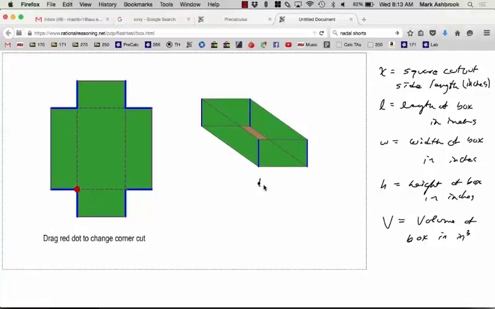So here's our width of the box. Can you see on this rendering of it, where is the width? Like how would we show the dimension of the width on this, the flattened paper with the squares cut out? From the red dot down to the base of it, so that segment right there.